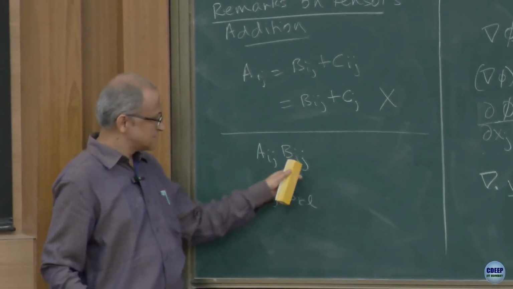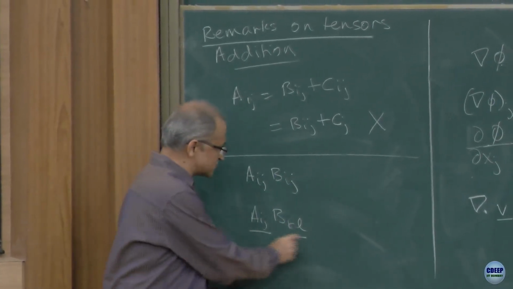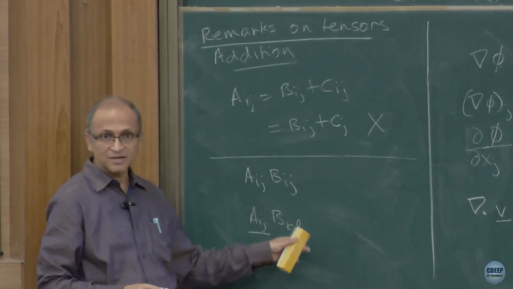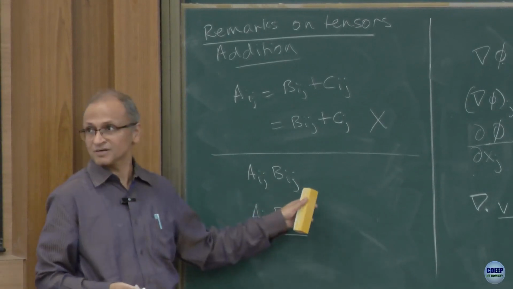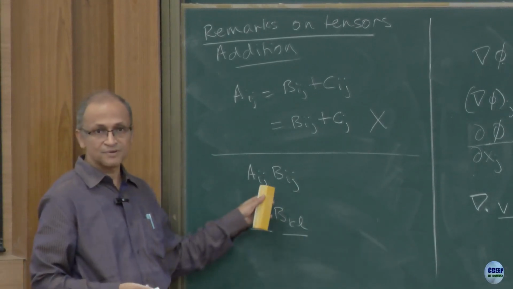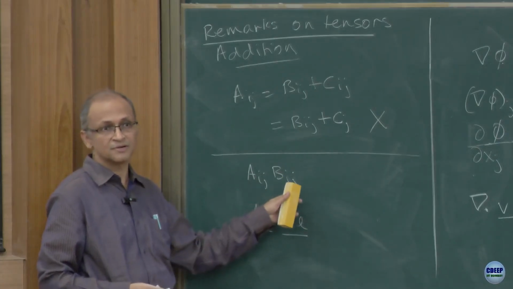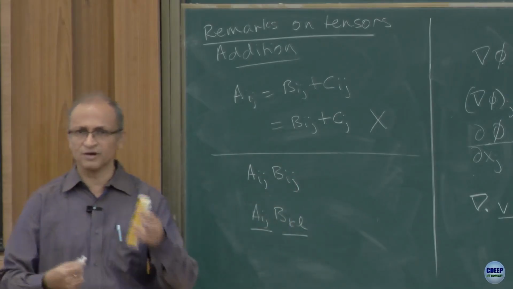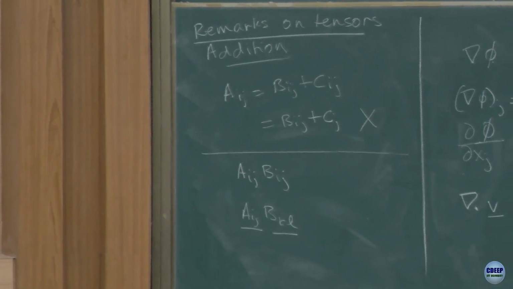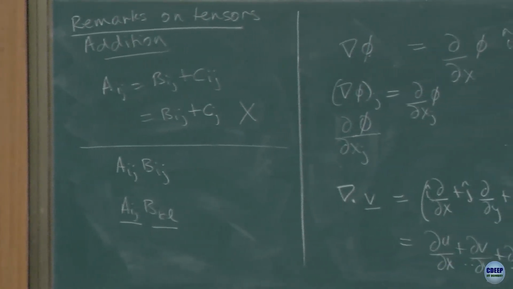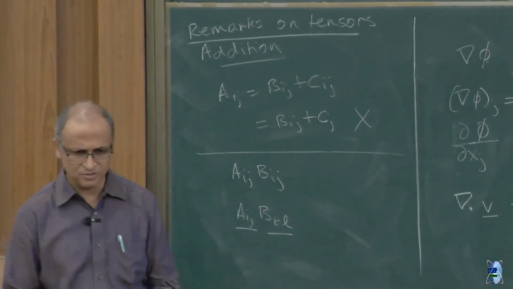Here we are increasing the order: A and B were both second order, but taking the product has made it a fourth order. Here I have taken the product, but it has reduced the order. In fact, it has now become a scalar because there are no free indices here. So I can increase the order or decrease the order, and we call this inner product and outer product. Just like we take the inner product and outer product of vectors, we can take the inner and outer product of tensors, and we can raise or reduce the order.